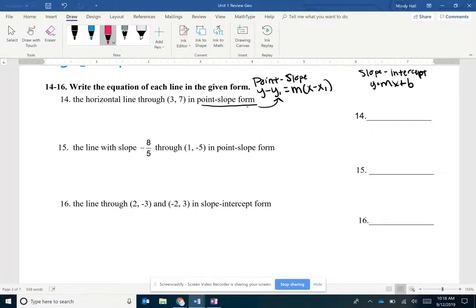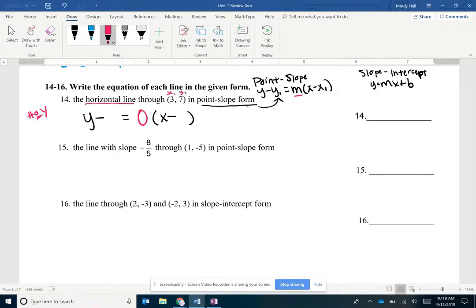So with that being said, the only numbers you actually plug in for point slope form, only 3 of them. So horizontal line tells me that my slope is 0. So that's the m, right? And then the x1 and the y1 come from this ordered pair.